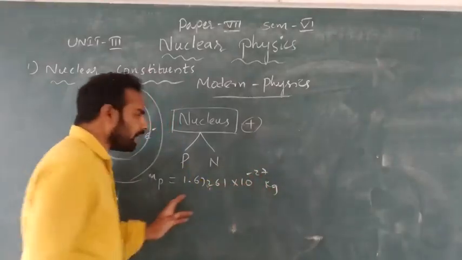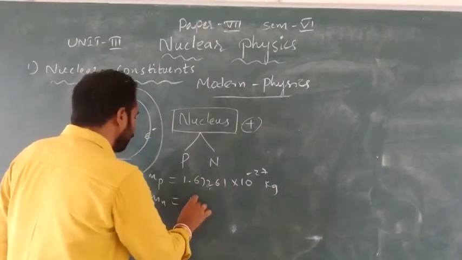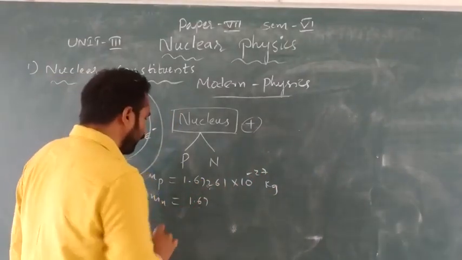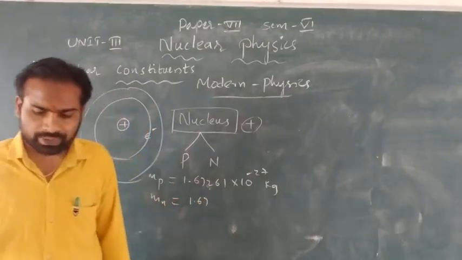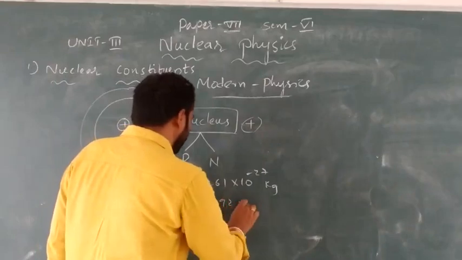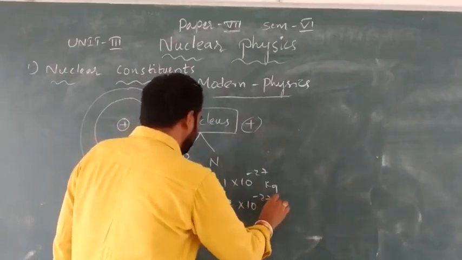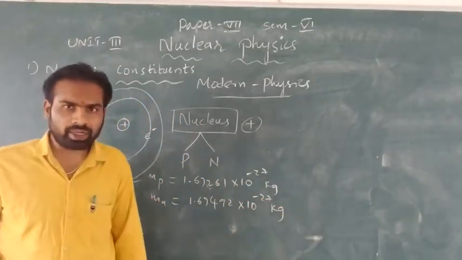The mass of the neutron is similar to that of the proton, 1.67492 into 10 power minus 27 kg. These are the mass values of proton and neutron.